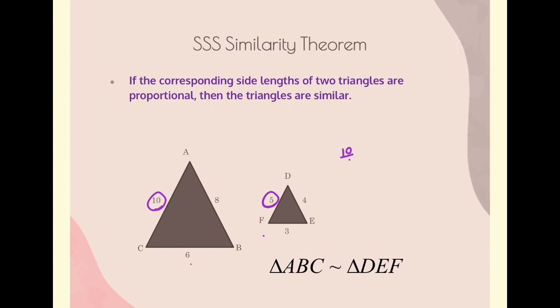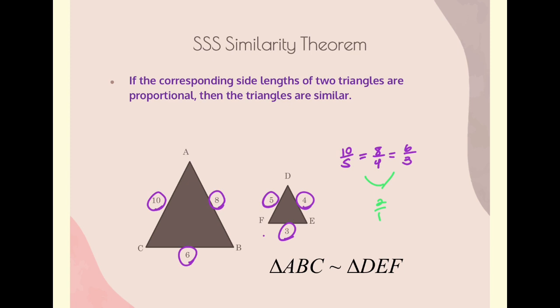So 10 to 5 would have to equal the middle side length of the first one, which is 8, over the middle of the second one, which is 4, would have to equal the smaller over the smaller, which is 6 to 3. And since all of these simplify to 2 over 1, these triangles are similar.